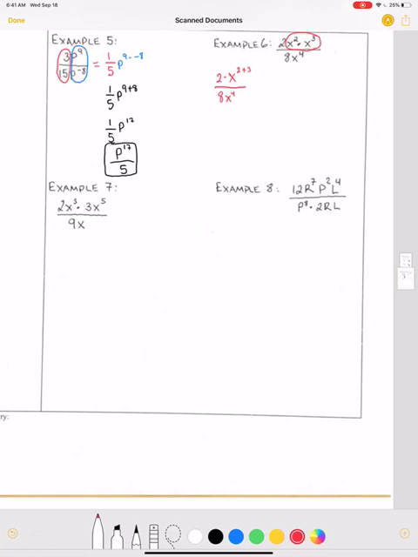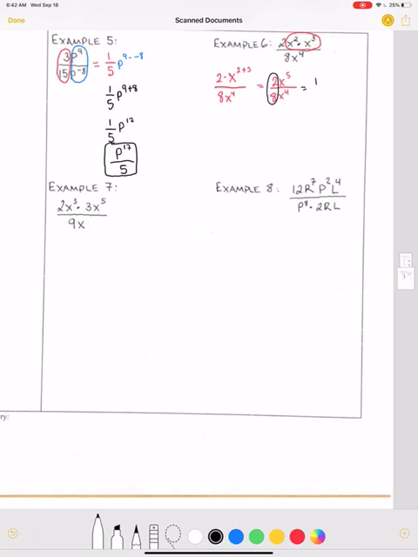This is going to simplify up top, and it's going to become 2x to the power of 5 over 8x to the power of 4. Now from here, we treat it like a normal quotient rule. I have 2 over 8.